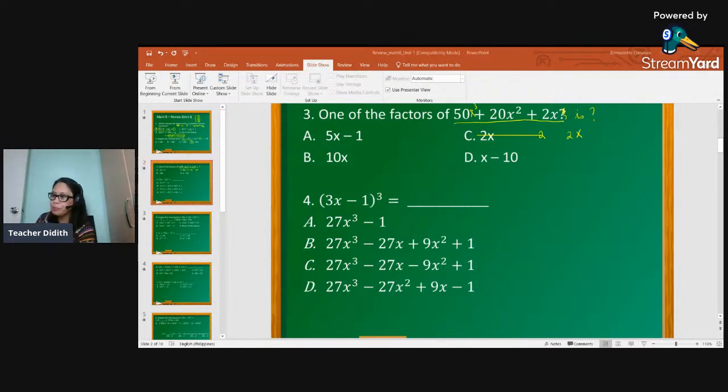Very good. Sige, so mag-stop sharing ako, 'di ba? And then I'll go back dito and then I'll share again.